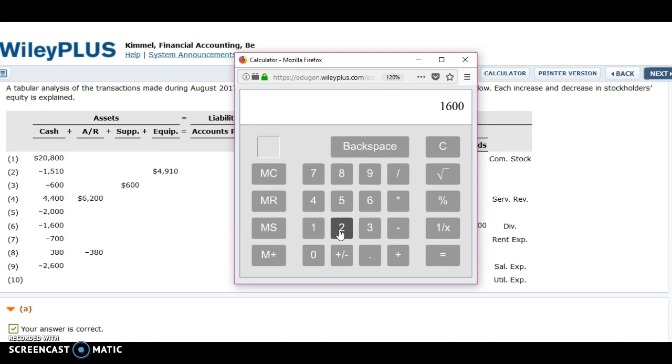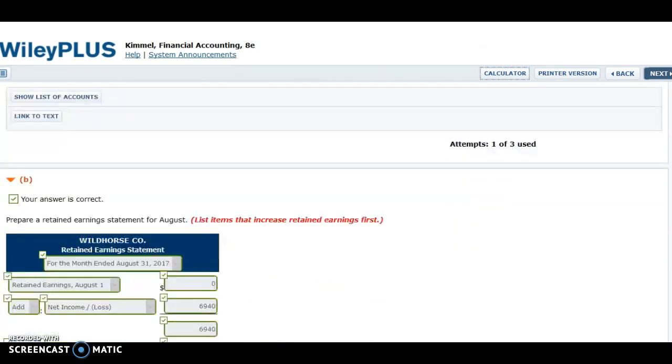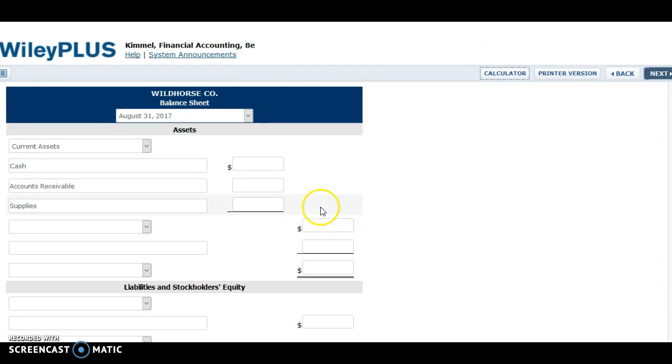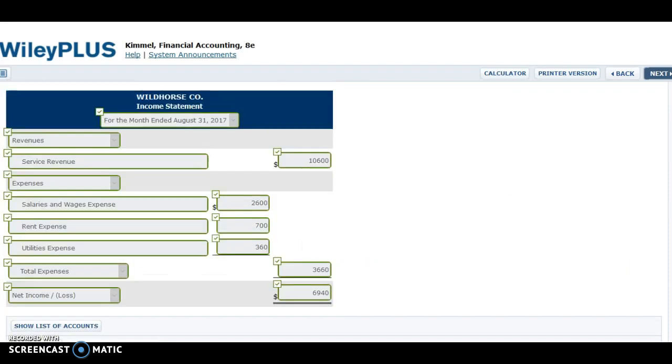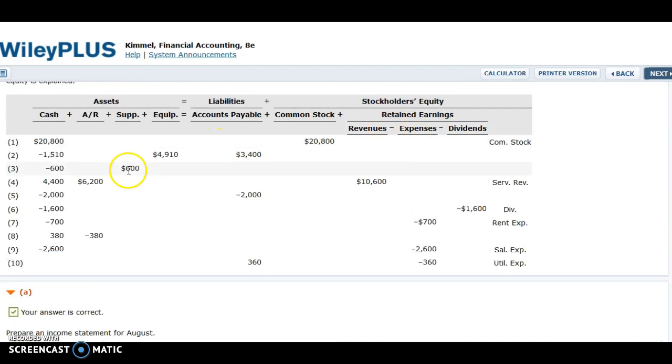Credit $1,600. Credit $700. Debit $380. Credit $2,600. $16,570.